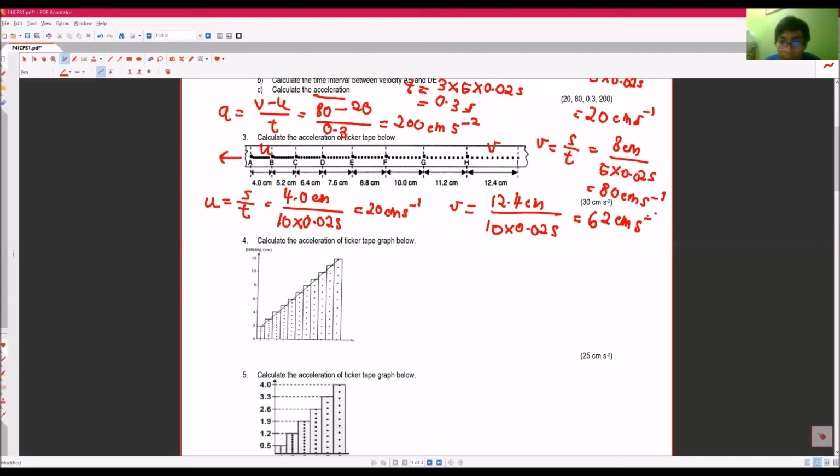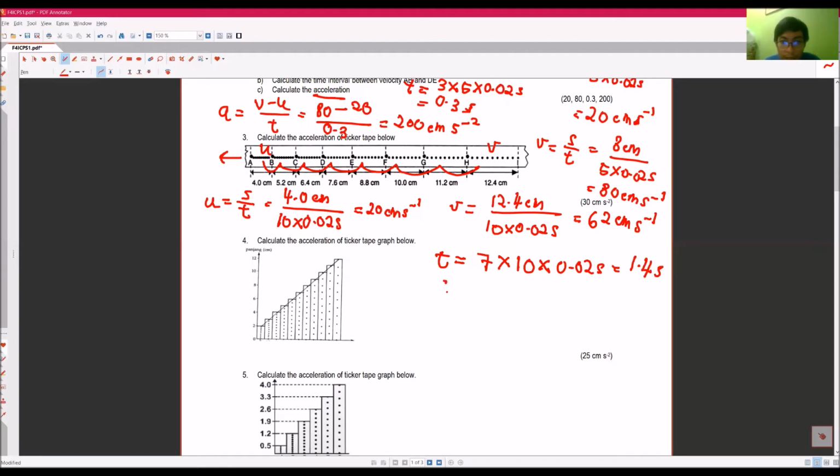So the time taken between the final and initial: 1 jump, 2 jump, 3 jump, 4 jump, 5 jump, 6 jump, 7 jump. 7 jumps, each jump has 10 dots. Each dot has 0.02 second, so 1.4 seconds.